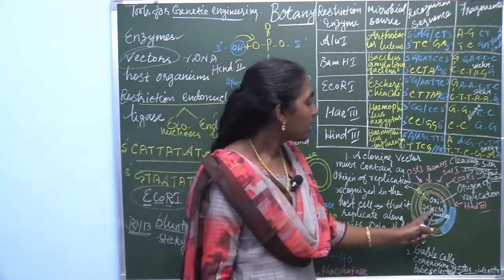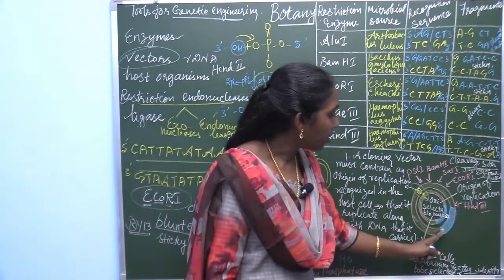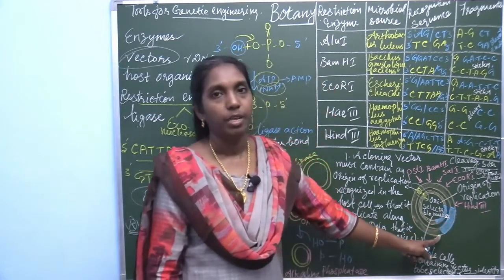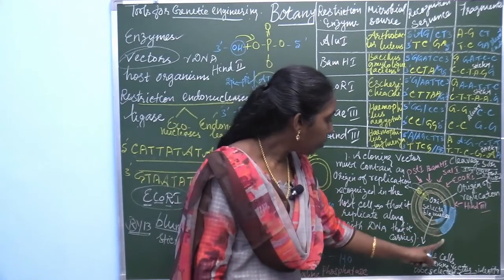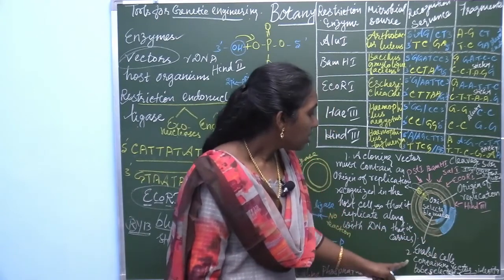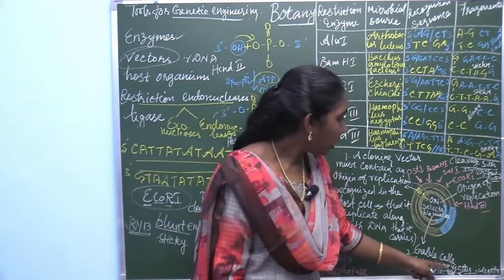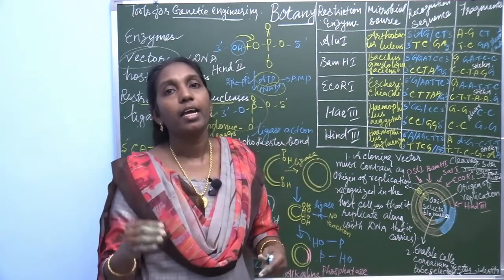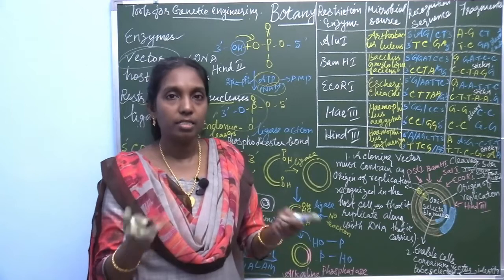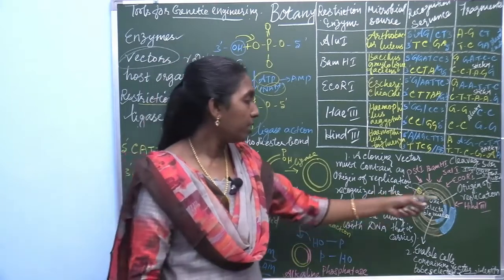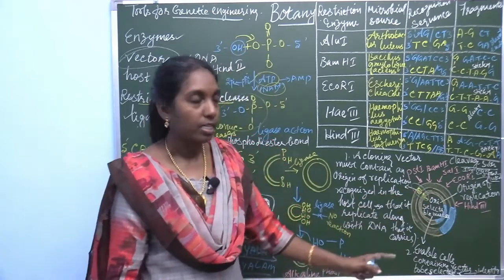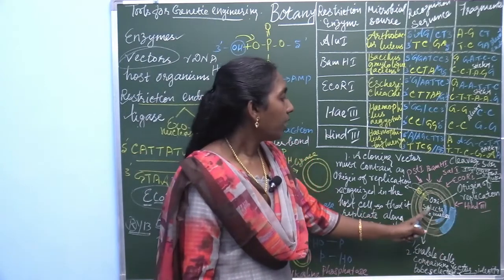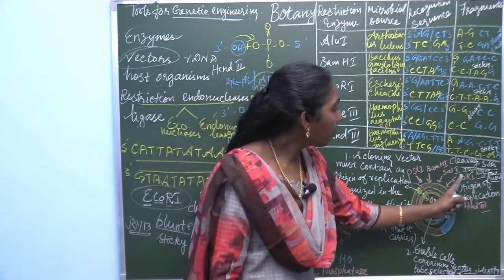Second one, the selectable marker, this region. What is the role of this selectable marker? It enables cells containing the vector to be selected and identified. The altered gene can be identified by these selectable markers. And there are a number of cleavage sites.